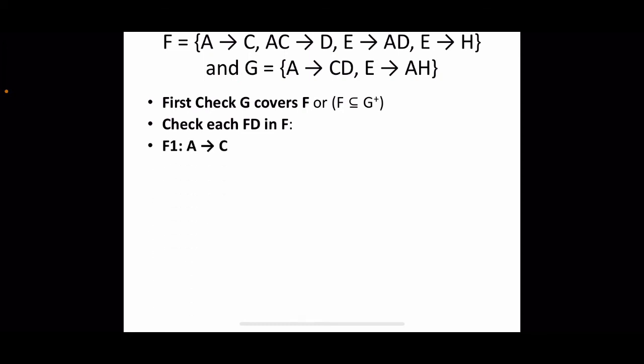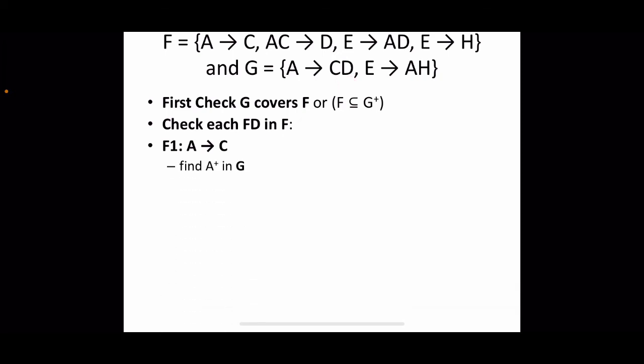Okay, so let us take the first dependency, that is A determines C. Okay, so let us take closure of A with respect to G. So we will add CD, right? Using the previous algorithm, we will add CD into this. So already the initial value for this closure will be A. Into that, the right hand side of the first dependency will be added. Now it will be ACD. The X closure will be ACD.